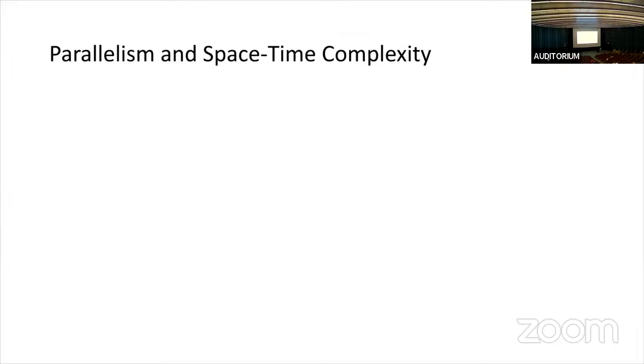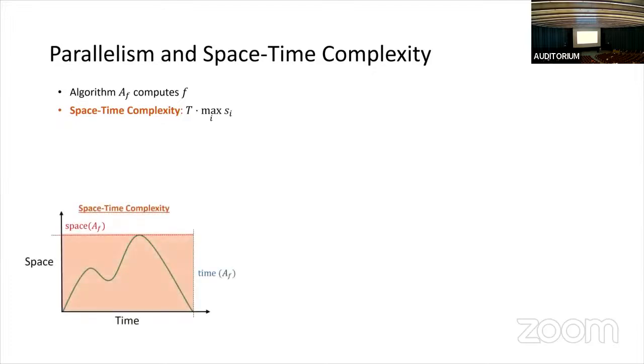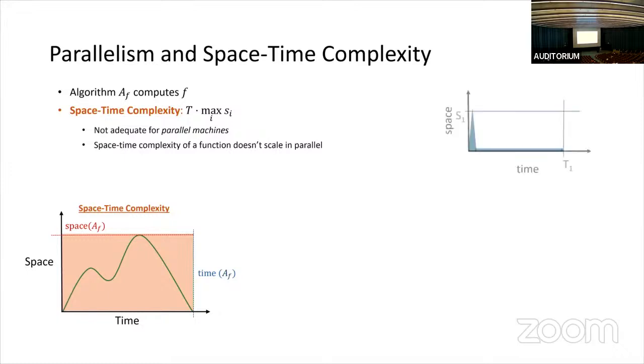So what is the real difference between these two? Well, if we have an algorithm, we know the space-time complexity is the time multiplied by the maximum space usage, which is like the bounding box of our plots of space over time. The problem is that it doesn't work well for parallel algorithms because it doesn't scale.